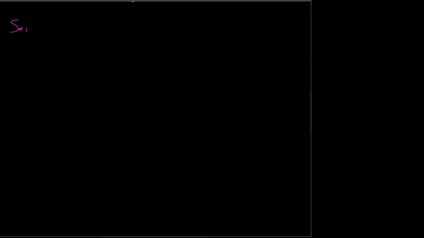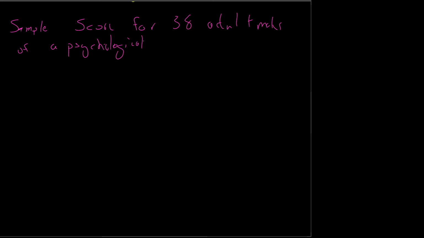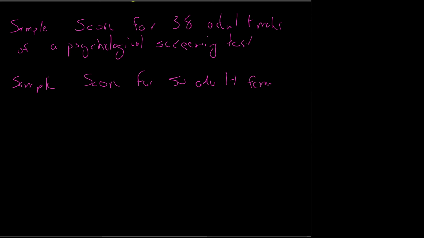Let's say sample 1 is the score for 38 adult males on a psychological screening test, and sample 2 is the score for 50 adult females of a psychological screening test. And these are independent samples.